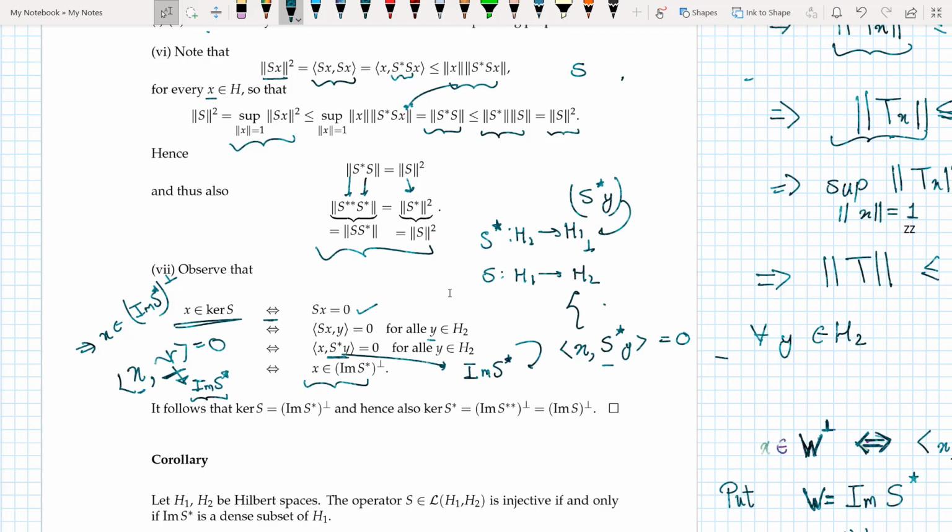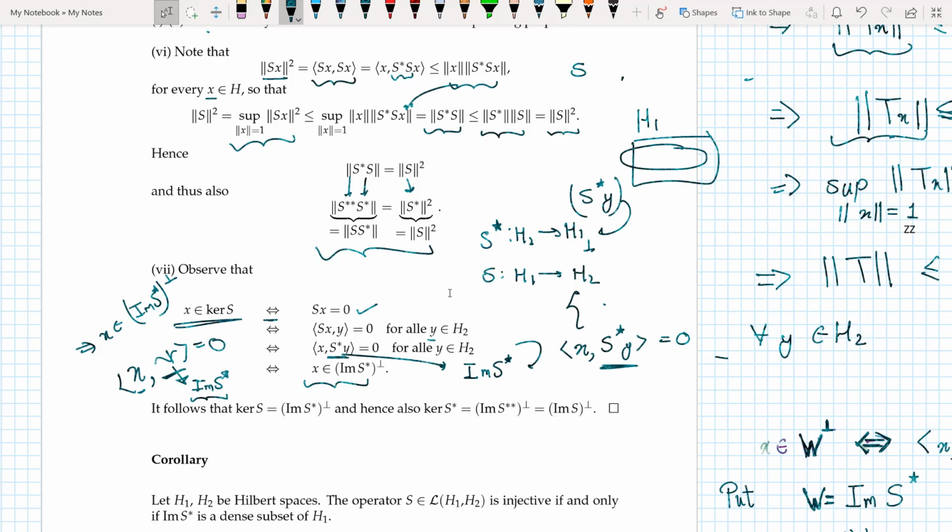Now this is the image of S star, a subset of H1.